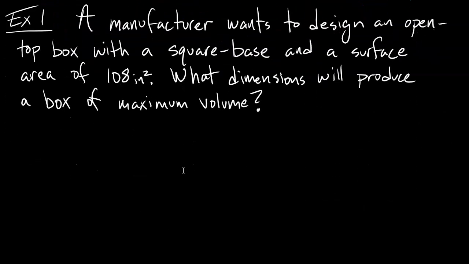Okay, so this first question here. It says a manufacturer wants to design an open-top box with a square base and a surface area of 108 square inches. What dimensions will produce a box of maximum volume? So this exact situation probably doesn't happen, but this style of question does.